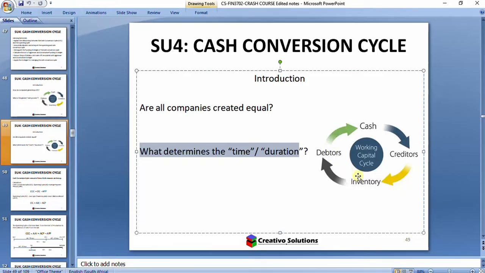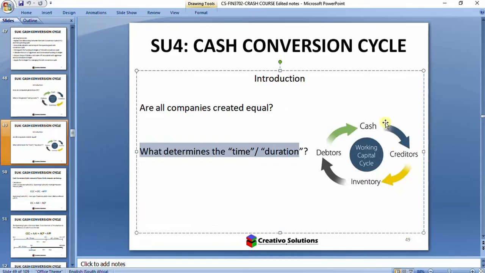Right, so what determines the time or the duration? Well, you spoke about the relationships. Right, those arrows that we have on this diagram, that speaks to the time. Right, so when we're looking at the ACP, the average collection period is the time that the debtors take to pay us. In other words, debtors becoming cash again. You also spoke about the average payment period, APP.